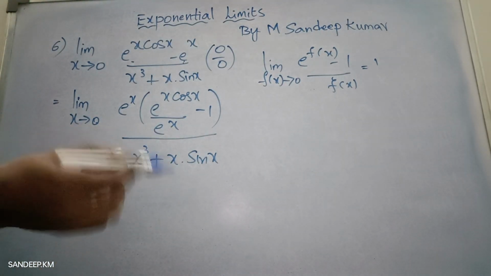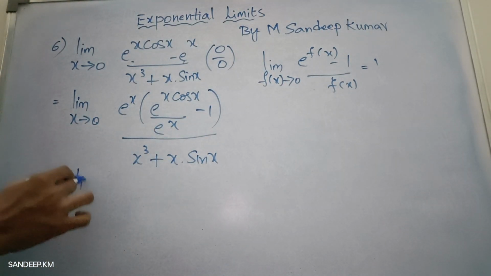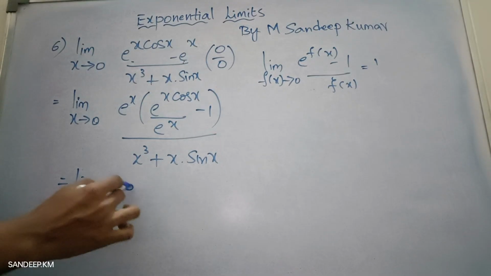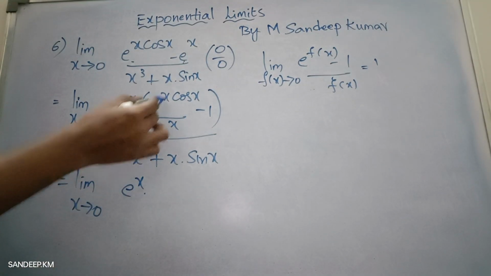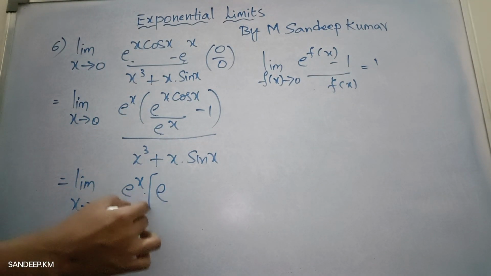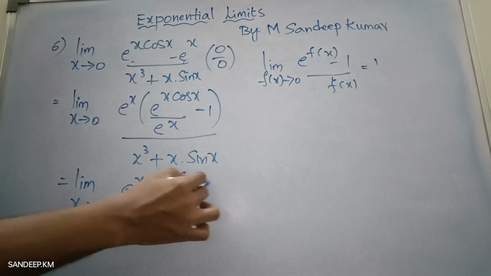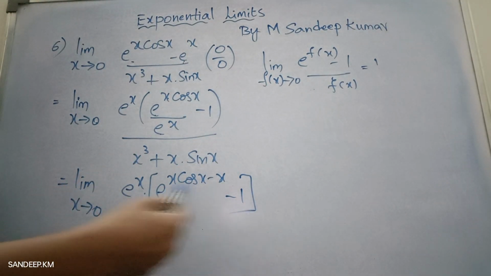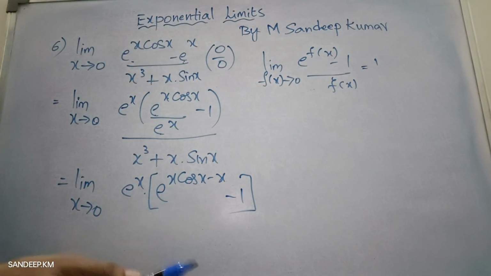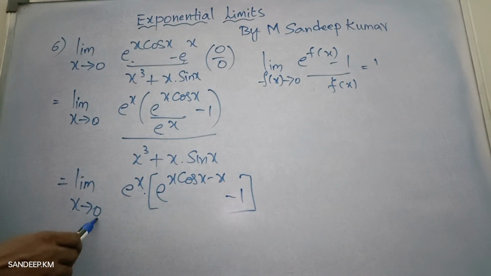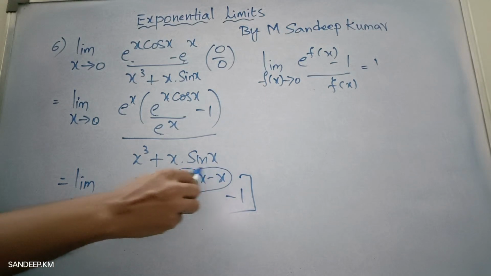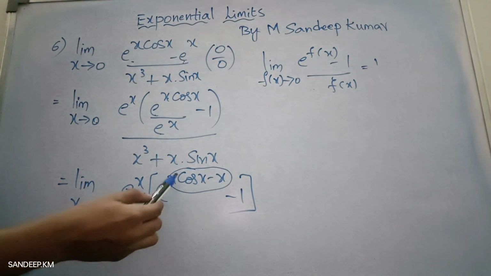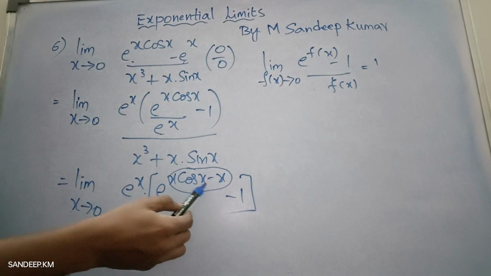Next, in the next step, limit x approaches 0, e power x into a power m by a power n, a power m minus n. Okay, now minus 1 as it is. I'll write the denominator later. Now observe here, when x approaches 0, if you take this as f of x, 0 into cos 0 minus 0 will be 0 only.